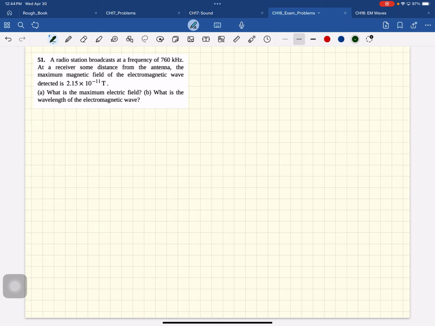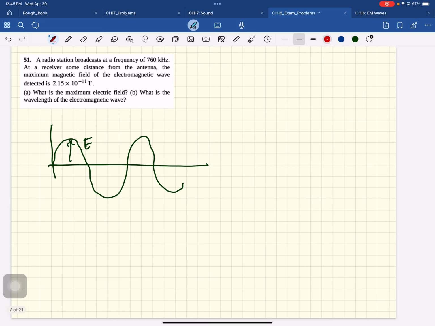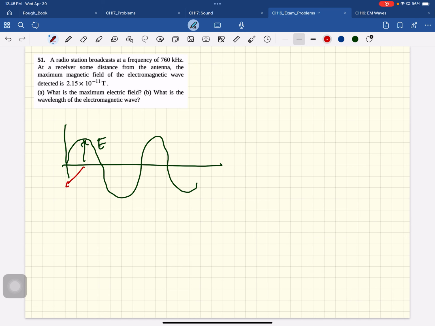All right. So you saw that for an electromagnetic wave, here's the electric field, and the magnetic field, of course, is perpendicular to it, goes like that.